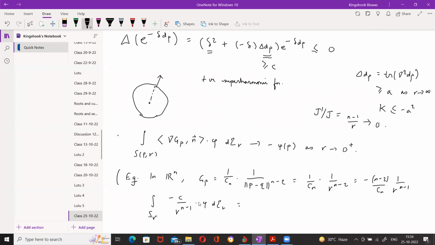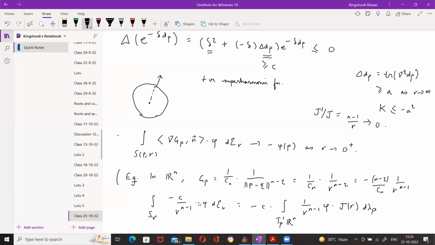So this becomes minus a constant times the integral over the unit tangent sphere T_P^1 R^n, over the unit sphere, of 1 over r to the n minus 1 and φ, and then you have the Jacobian J(r) dλ_P. This is the change of variables formula to go from the geodesic sphere to the unit tangent sphere.